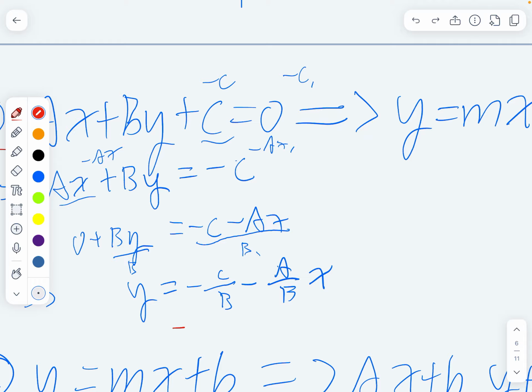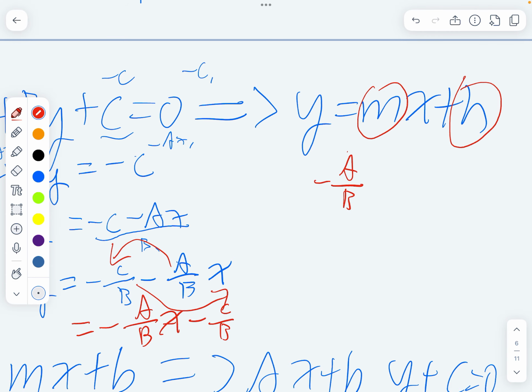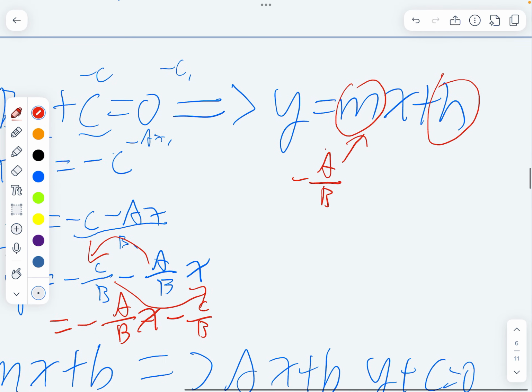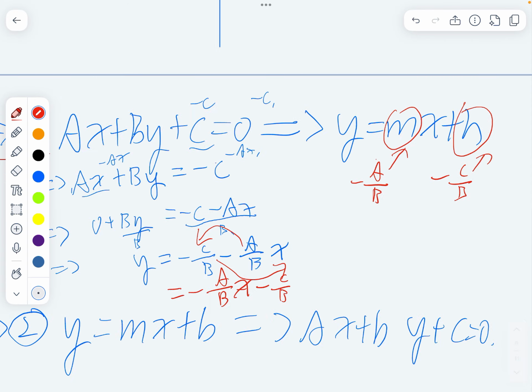We need to move this term to the first and this term to the second one. So that's the same form as m and b. So negative a over b is the m, and negative c over b is the b.